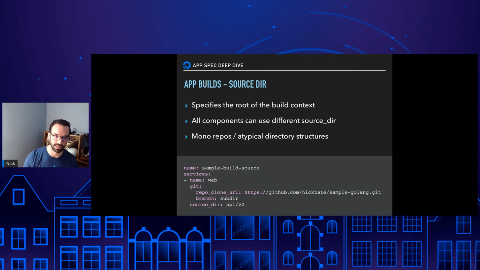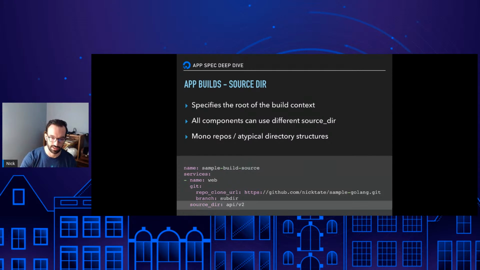Now, it's really important to note that you can have this source dir set on a per component basis. So if you do have a monorepo with, let's say, an API in the /api directory and then the UI in the /ui directory, you could have each component specify a different source directory with the same Git or GitHub source that you reference, and it would correctly enter the directory you specified as you build the application.